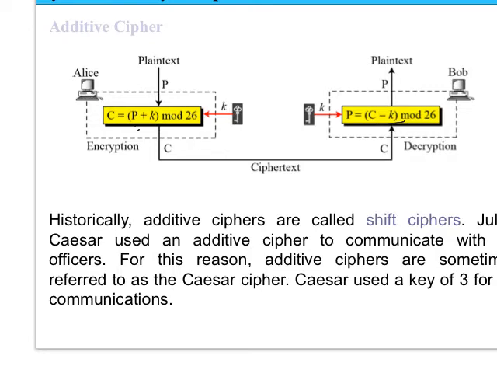Isn't this easier to attack? Yes, it's easier. You're perfectly right. If I know that this is monoalphabetic, and I know that this is an additive or shift cipher, then it's easy to break, because if the key is short, then instead of trying to guess what each letter corresponds to, I will use another way.